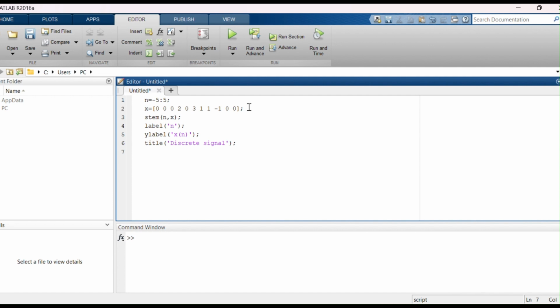Then axis: the minimum of x times 1.2, the maximum of x times 1.2. Great. Now let's see.